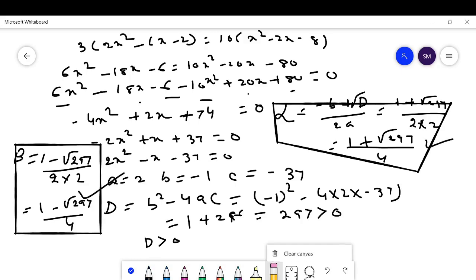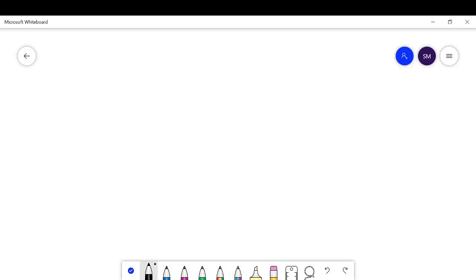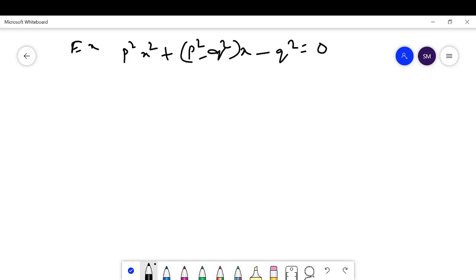Okay. Then next question. I have already told you students, please practice a variety of questions. Here the question says p square x square plus p square minus q square x minus q square is equal to 0. Here a equal to p square, b equal to p square minus q square, and c equal to minus q square.